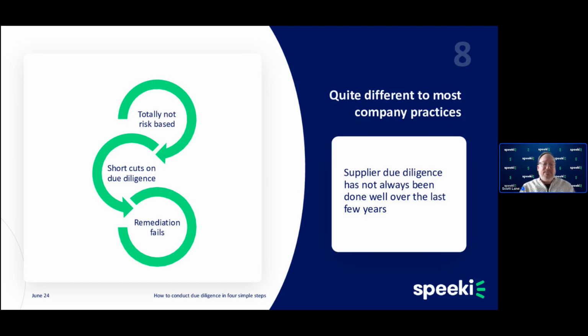Now, many of you are probably looking at this and thinking, well, what do we see in our reviews when we're in companies? Well, I must say, I don't see a lot of this risk thinking. What I see a lot is actually a lot of non-risk-based thinking, or I see a lot of shortcuts on the research. Research is done, but it's not really done with a purpose. It's just kind of done.